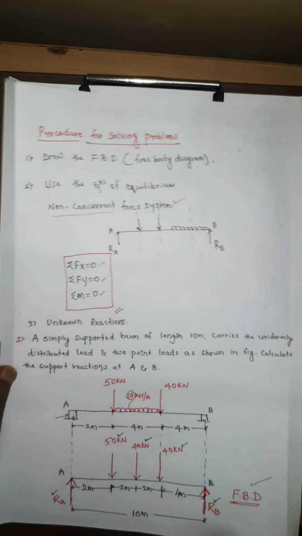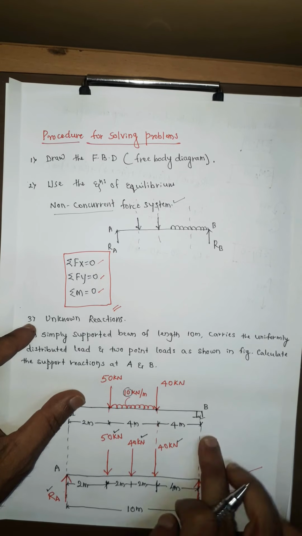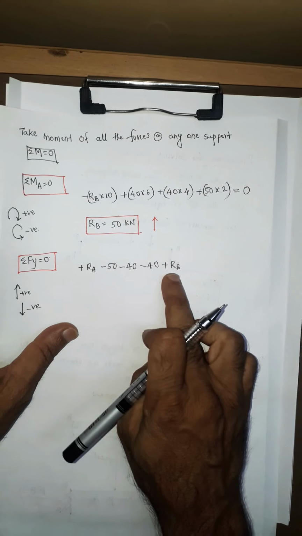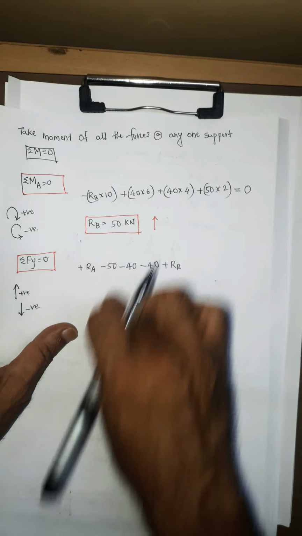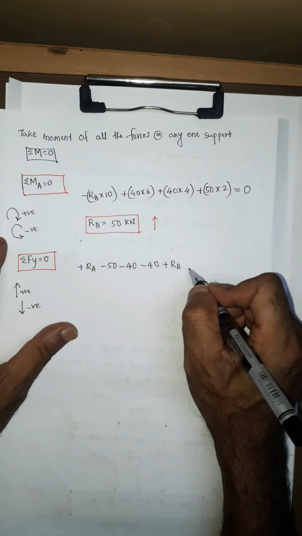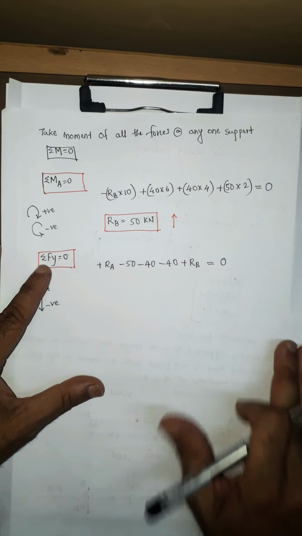And see, this RB, including reaction also you have to take. This RB is upward, that is plus. So plus RB. So RA and RB are positive, remaining things are downward forces, that is minus. So this is summation Fy. This should be equal to 0.